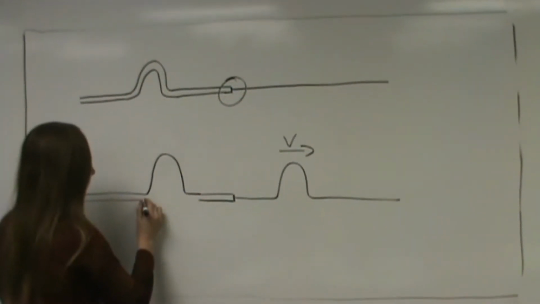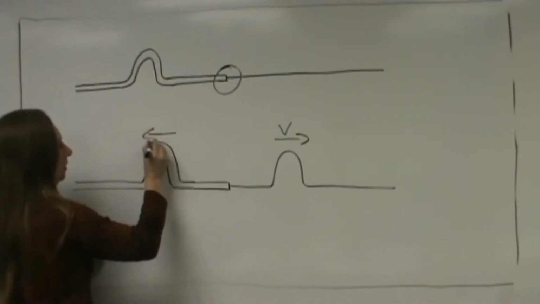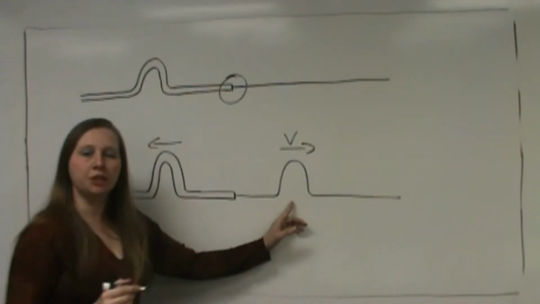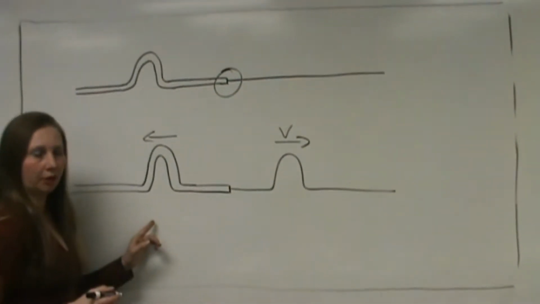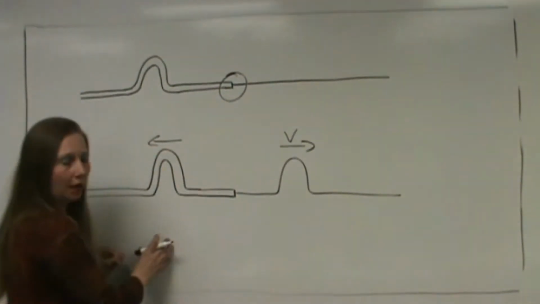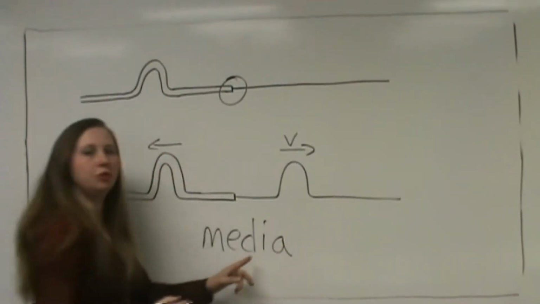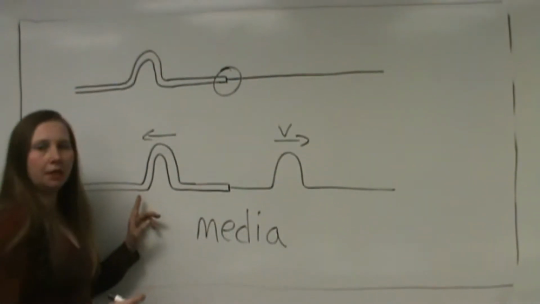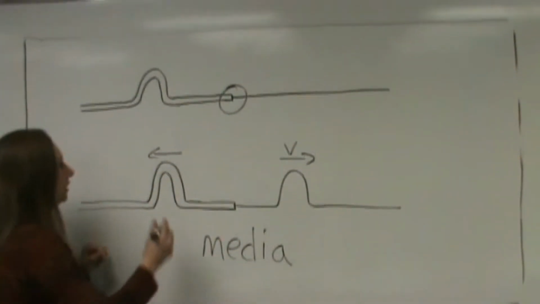It will not be inverted because this material is not rigid compared to this material. And again, because these are two different media, the speed of the pulse in this rope and this rope will be different.